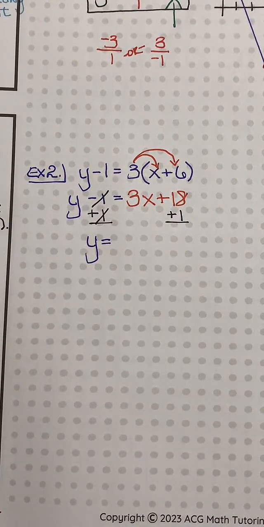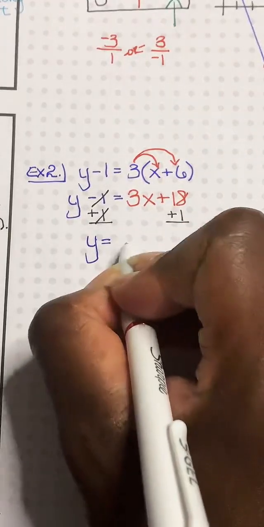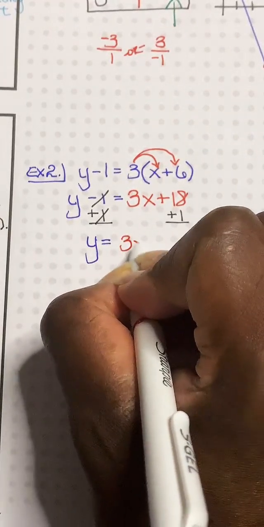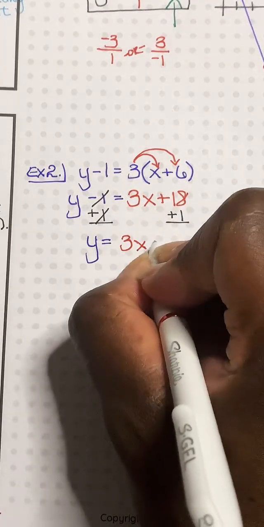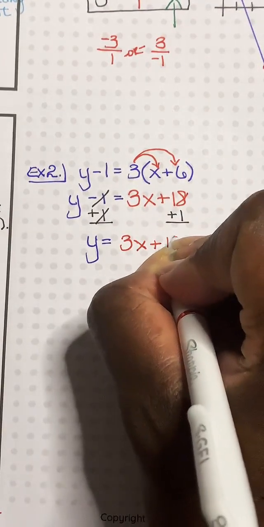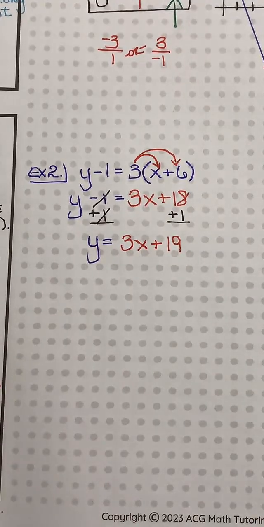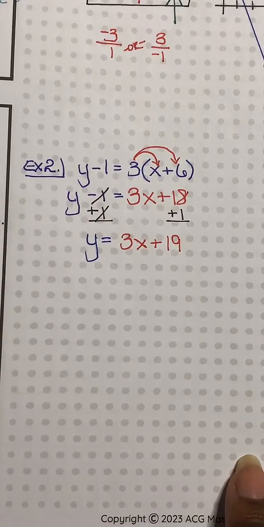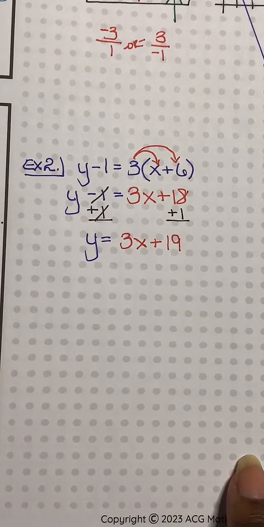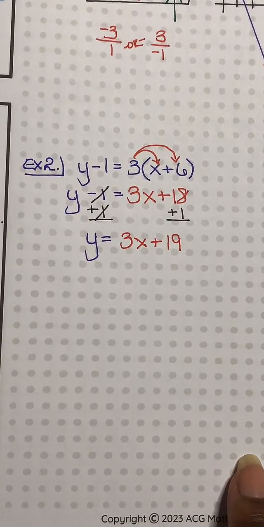So now when we bring everything else down, we have our 3x, and 18 plus 1, not to insult your intelligence, is plus 19. Yes, isolate the y, good.